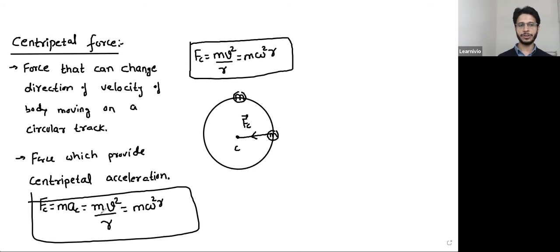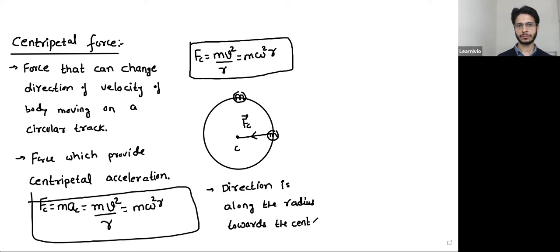And this is the magnitude: mv squared by r, or m omega square r. So this is the centripetal force, which is acting along the radius towards the center of the path.